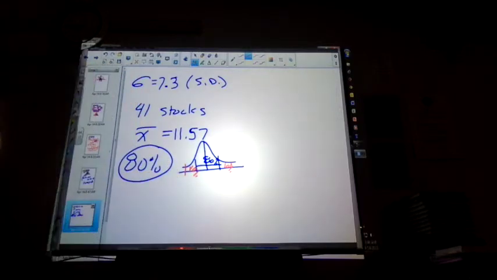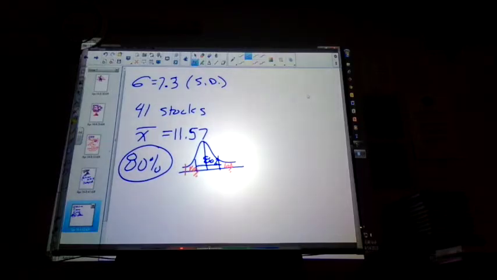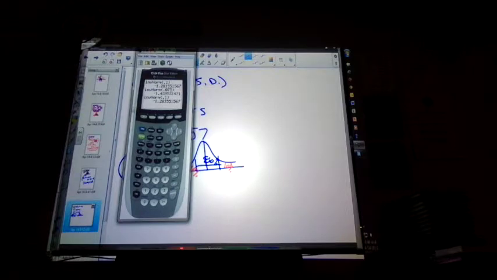So on your calculator, you do the inverse norm of 0.1. So I'm going to go second, bars, inverse norm, and I'm going to do 0.1. Now, if yours is going down the screen, make sure it has your average of 0, your standard deviation of 1, I think it is.